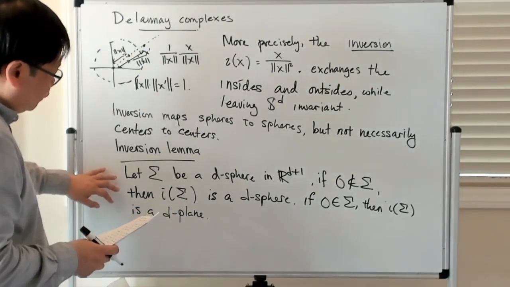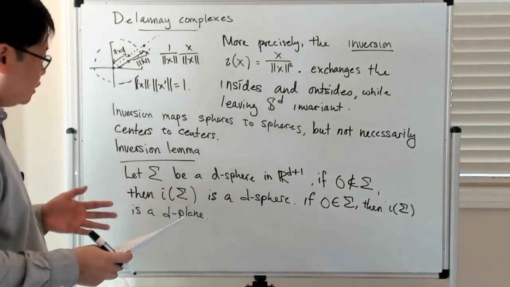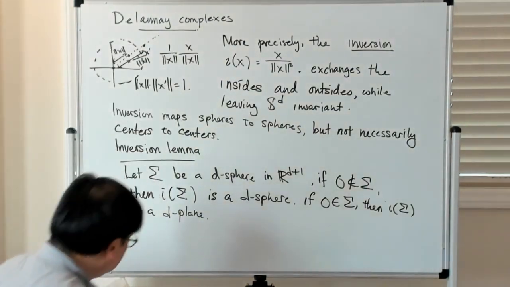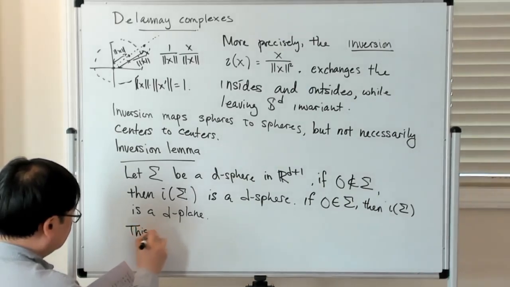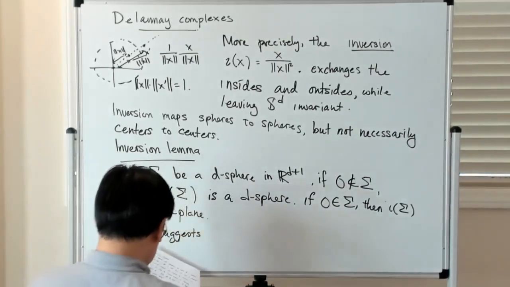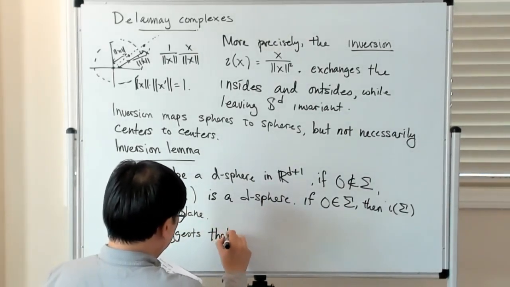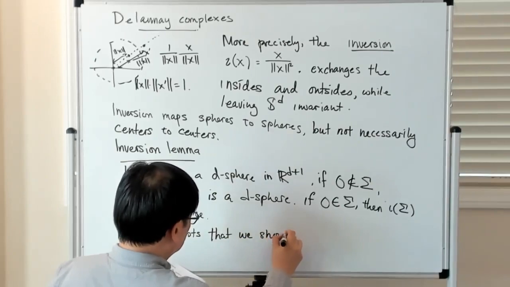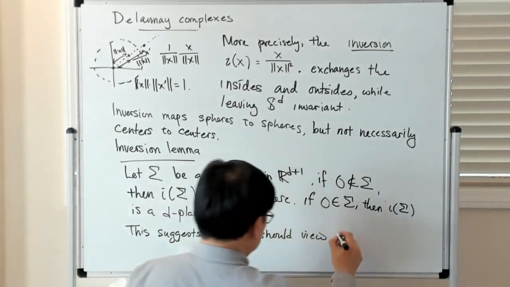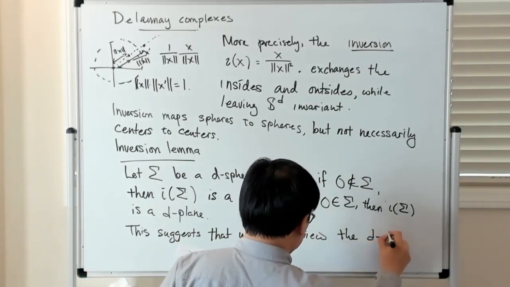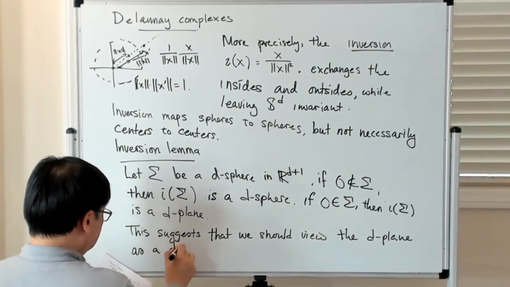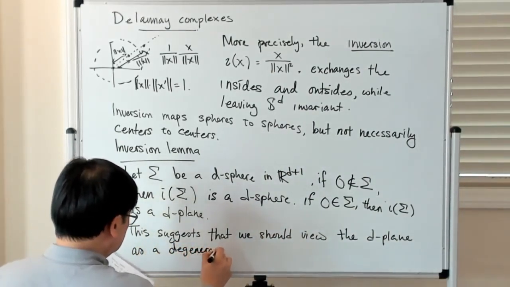This suggests that you should think of d-planes as d-spheres in some degenerate sense. So we should view the d-plane as a degenerate d-sphere.